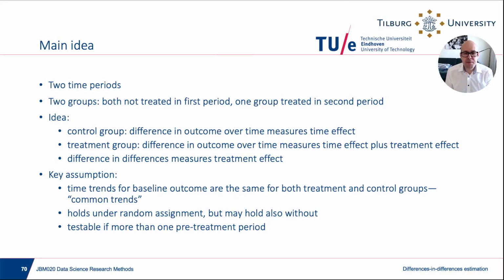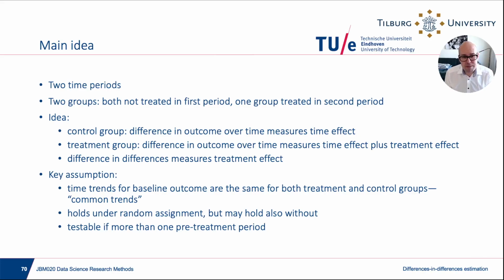What is the main idea of differences in differences estimation? Consider a situation in which you have two time periods and there are two groups. There's a group of individuals or units that have been treated and a group of individuals that have not been treated.